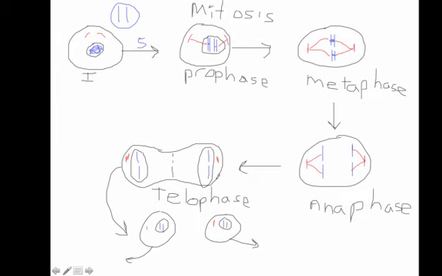Now, bacteria undergo a very similar process. They also go through something very similar to G1, S, and G2, where they copy their chromosomes during S phase. But then what happens with bacteria is they just kind of pull apart and split in the middle and pull the chromosomes to opposite ends. But we don't have this elaborate setup in bacteria.